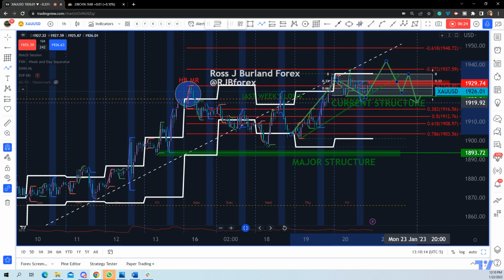You've got a nice head and shoulders coming on here, retest, and an explosive move to the downside. So we've got the initial balance to start off the week, pushing higher potentially, only to trap those longs and take us down for a nice explosive opportunity a little later in the week for a test of major structure.